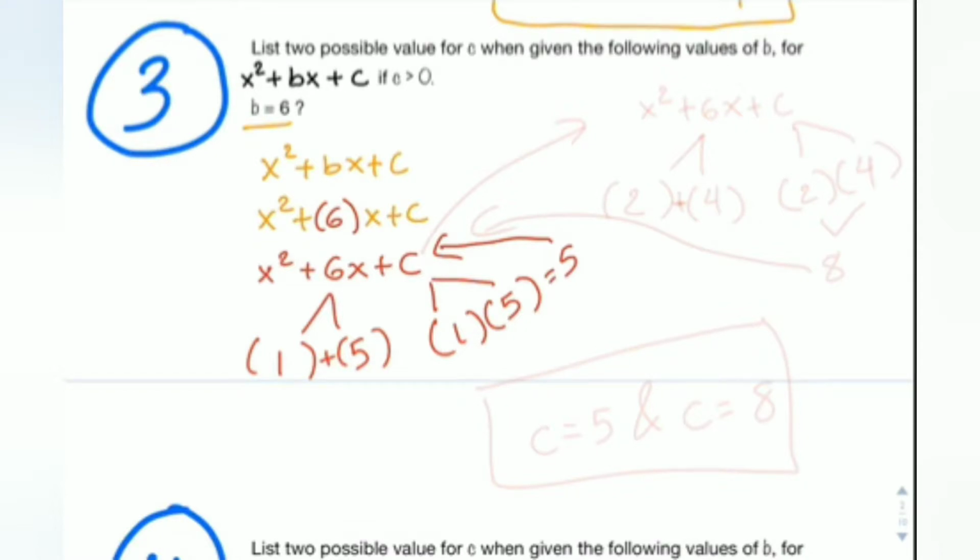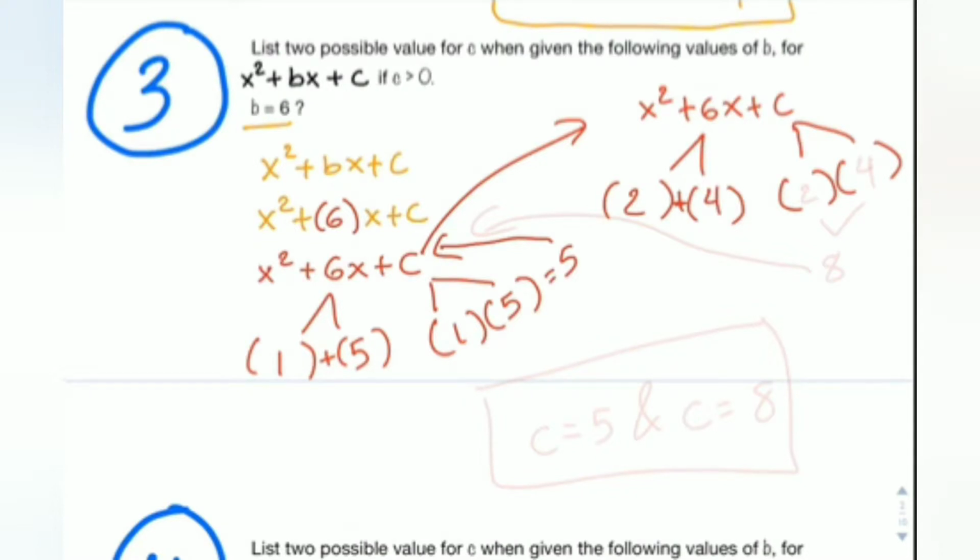5. Now let's start off here. Let's say x plus c. Two numbers that add to 6, and when you multiply equal c. So let's do 2. 2 plus something equals 6.